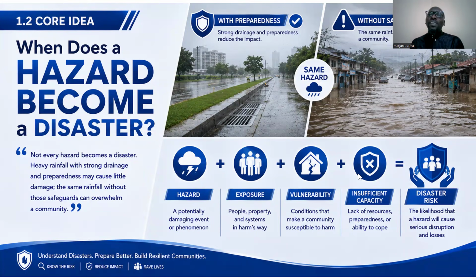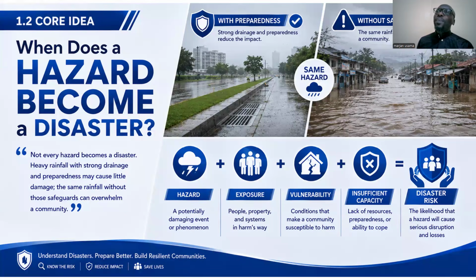Now, number 4 is insufficient capacity. Sometimes when a disaster happens, you find that there is a lack of resources, preparedness, or ability to cope. In the developed countries, you find that they have capacity.